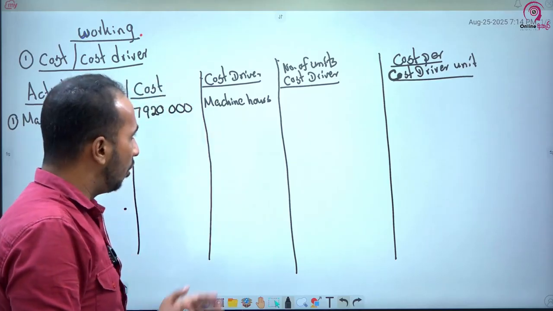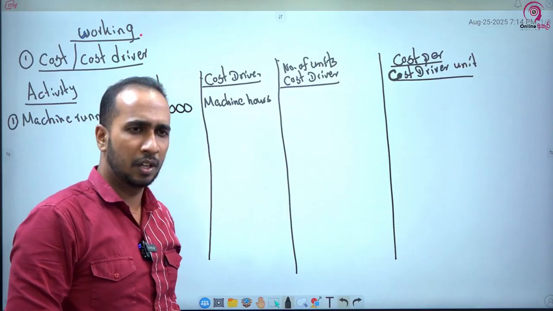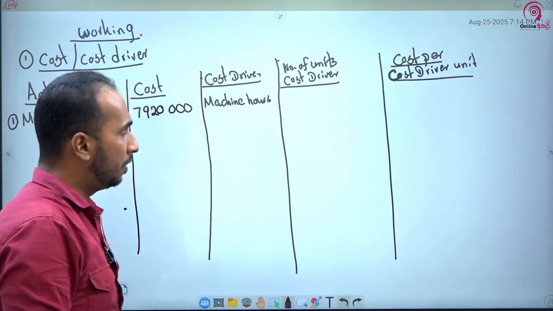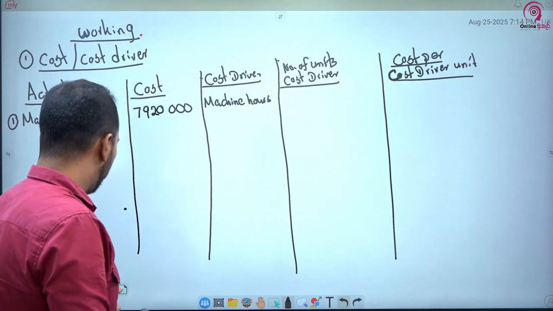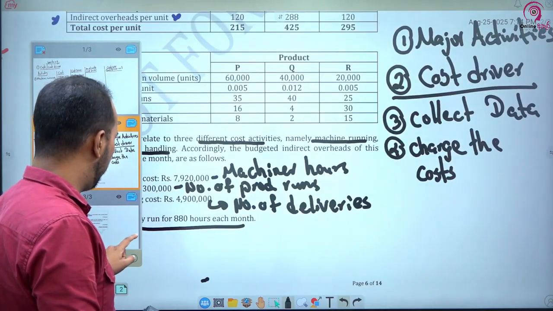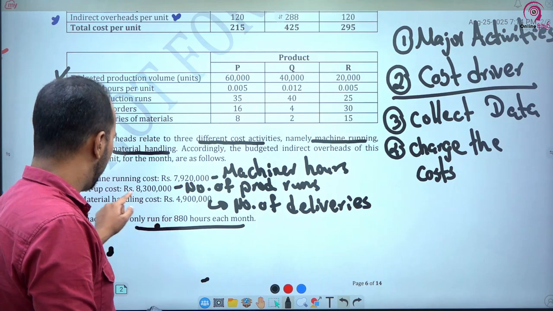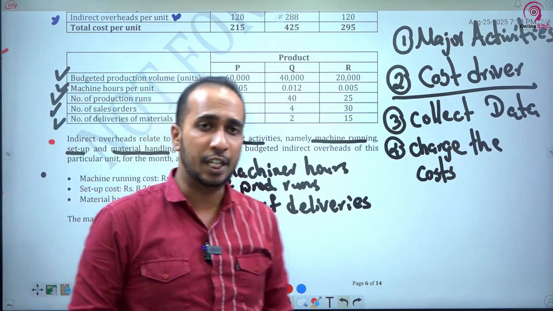Then what we have to do? We have to see the number of units related to this cost driver. What is the number of units related to this cost driver? If you look at the question, it is carefully mentioned that the machine can only run for 880 hours each month.